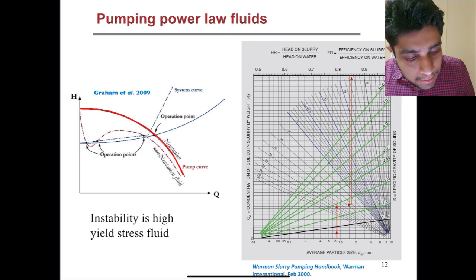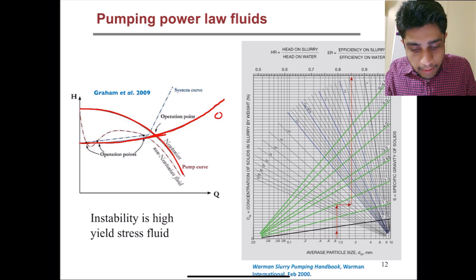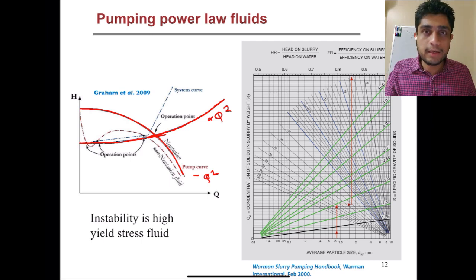And the typical system curve for a Newtonian fluid is again this solid red line, which is upward going, again a parabolic kind of curve, so q square, and this is minus q square, and the point at which both these curves intersect, that's the operation point.